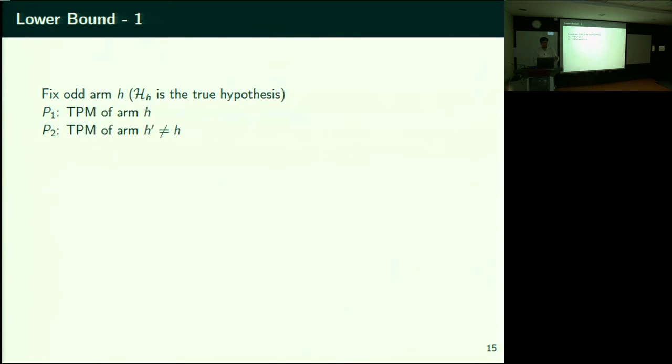Okay, so I'm going to now show you the lower bound. We have built all the language, I hope. So with this, what's the lower bound? Fix an odd arm, H. This is the location of the movie which is odd. P1 is the TPM of that odd movie. P2 is the TPM of all the non-odd movies.